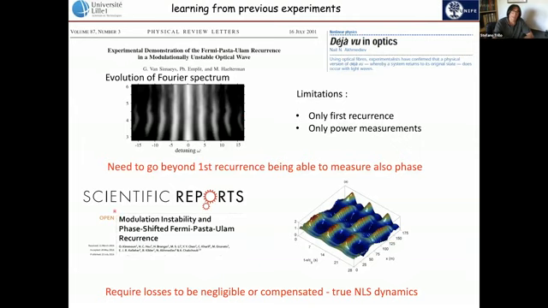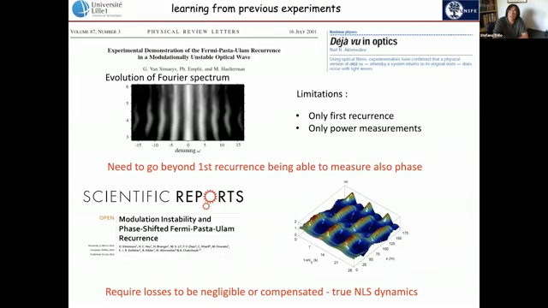So this tells us that if you want to go beyond the first recurrence, first of all, you have to be able to measure the phase. And in optics, this is not a trivial business. The other relevant experiment was made by the water wave people, Olivier Kimmoun and others.